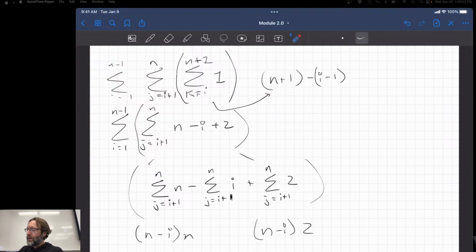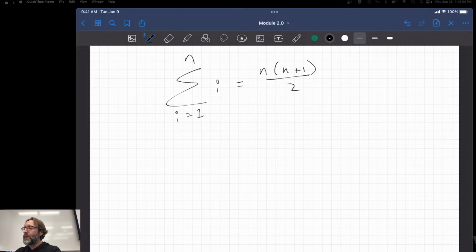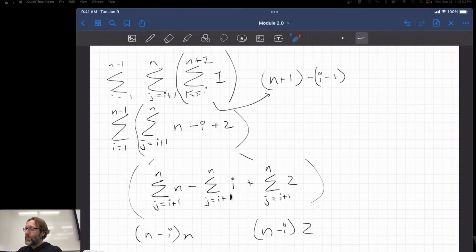What about this one right here? Yeah, i plus 1, i plus 2, i plus 3, all the way up to n. Ugh. That's Gauss's formula, right? Summation of i equals 1 up to n of i is equal to n times n plus 1 all over 2. But that's not what this is, right? We start somewhere else.